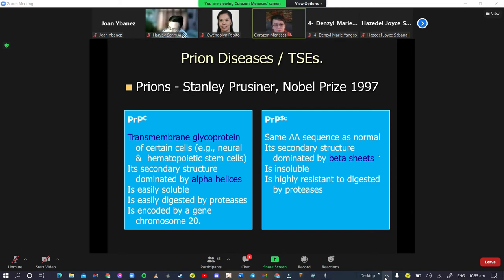When it is transformed to the abnormal one, the secondary structure becomes beta sheets. This is actually smaller than a virus. It is about the conformational structure of the protein.